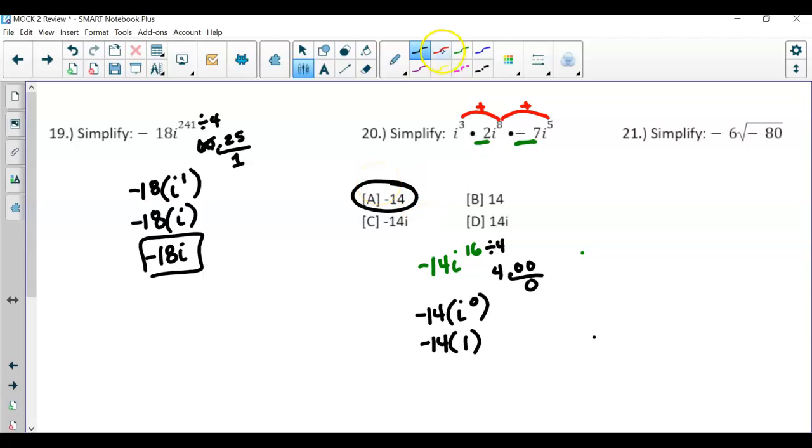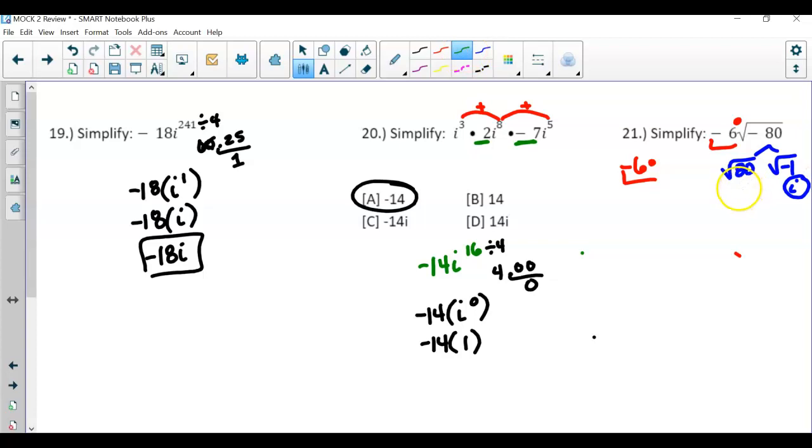Then question 21. Notice how in the end we're going to multiply our answer by negative 6. So I'm going to move that out to the side here and remember to multiply by negative 6. Now I do have negative 80 here, which is the square root of 80 times the square root of negative 1. So I know I do need i in my final answer because the square root of negative 1 is i.